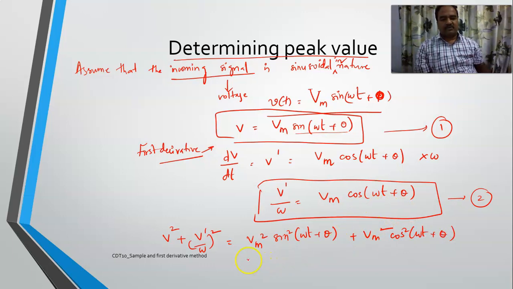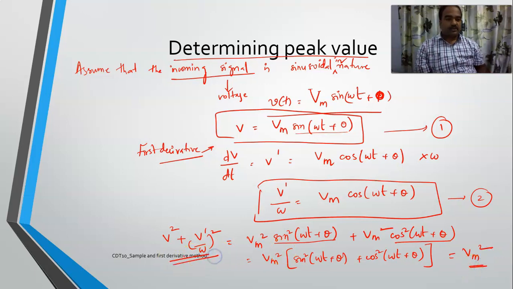If I take Vm square as common, I'll get sin square plus cos square. You know that sin square plus cos square is always equal to 1. So this is equal to Vm square. Right, so this is the expression.